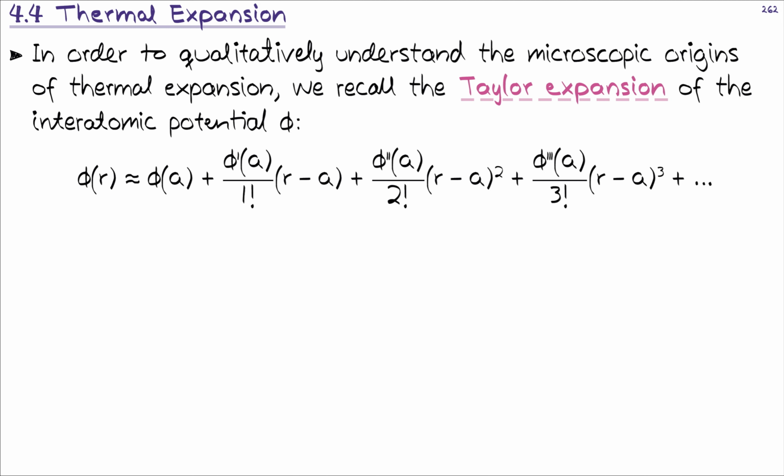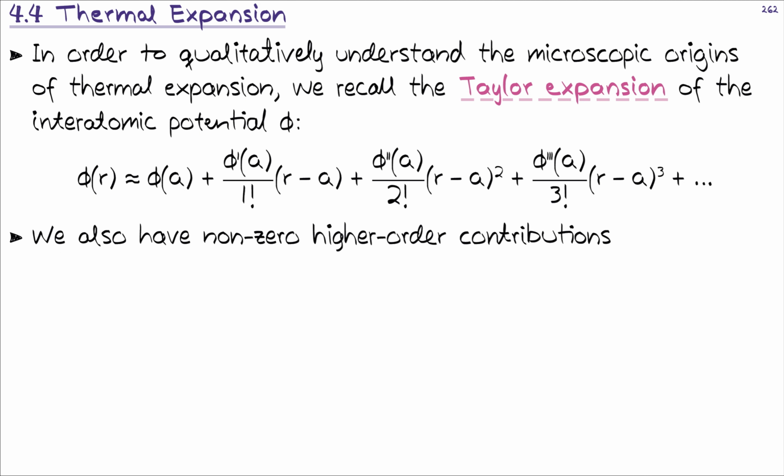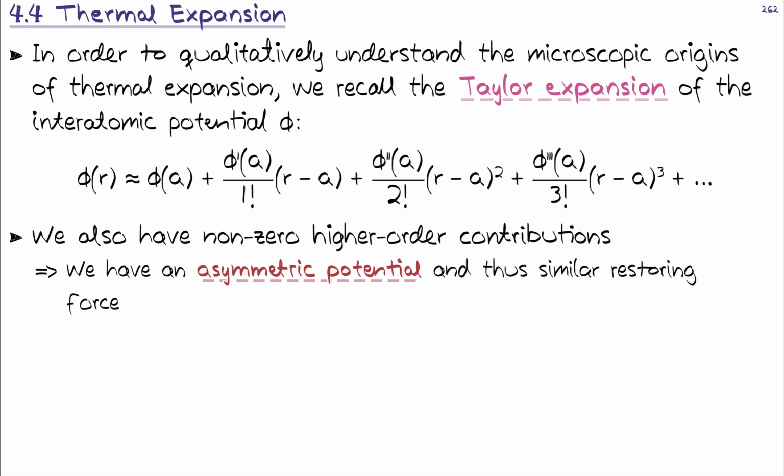And we also have higher order contributions that are non-zero, and even though in some cases they may be small, now when we are looking at the thermal expansion, they are not small anymore. And because of that, we actually have an asymmetric potential, and similarly we will have an asymmetric restoring force.